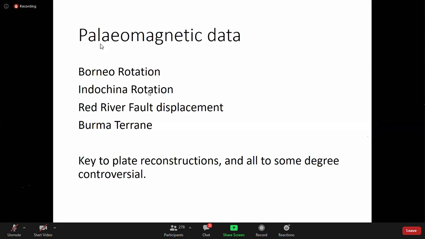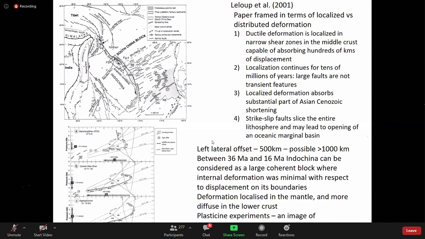The degree of Indochina rotation and extrusion in response to escape tectonics is controversial. Then the Burma terrane. So the paleomagnetic data is key to the plate reconstructions, but it's all to some degree controversial and still unresolved.